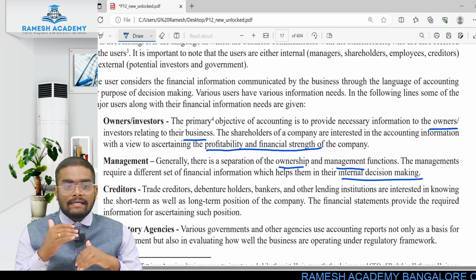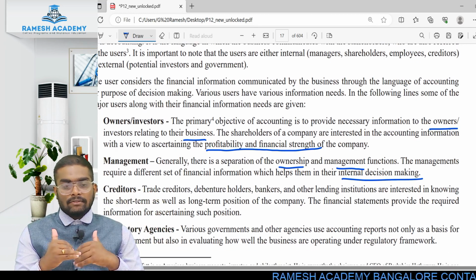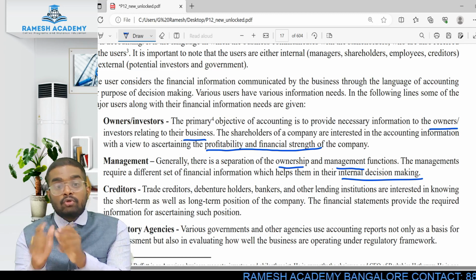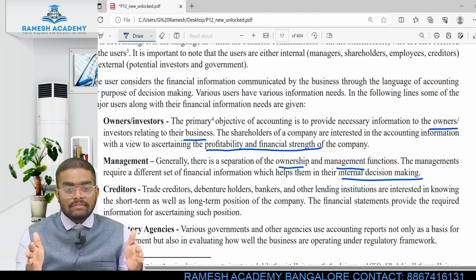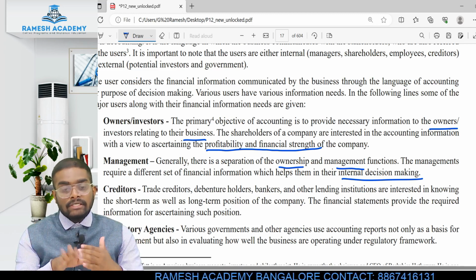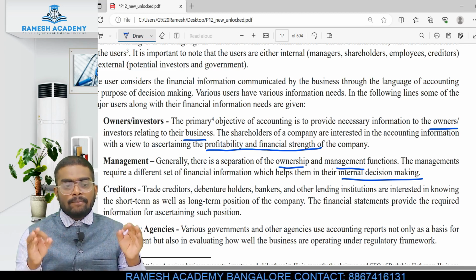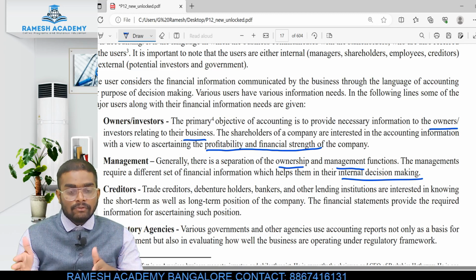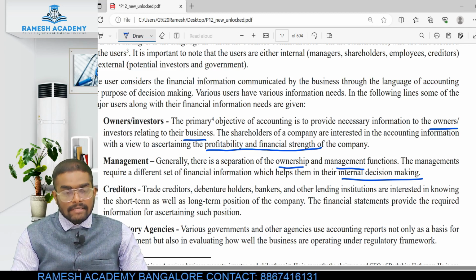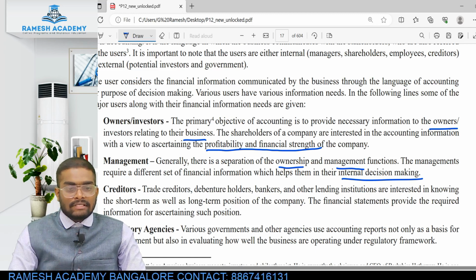Next we have creditors. Who are creditors actually? Creditors are those persons who will be giving maybe goods to the business, which we will be using in our production. If suppose we are making loss and we are not able to make the repayment as on due dates as specified by the creditors, it will be a bad debt for the creditors.